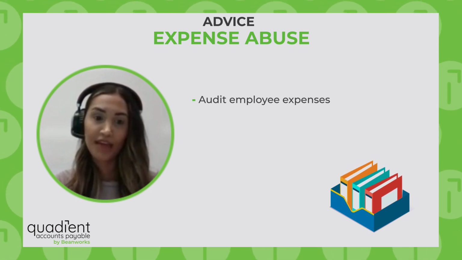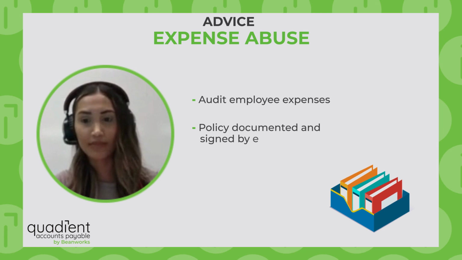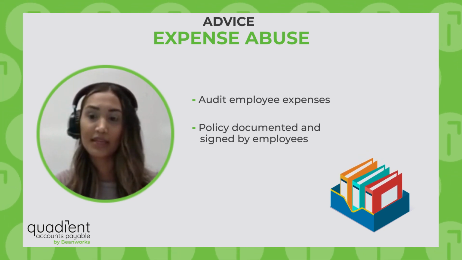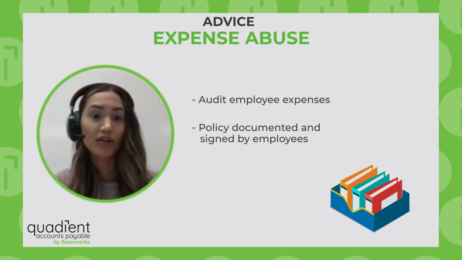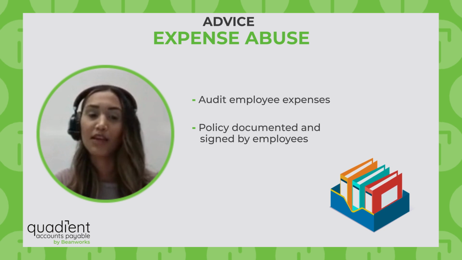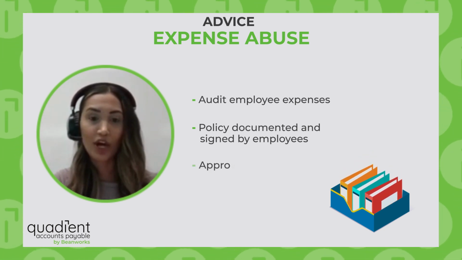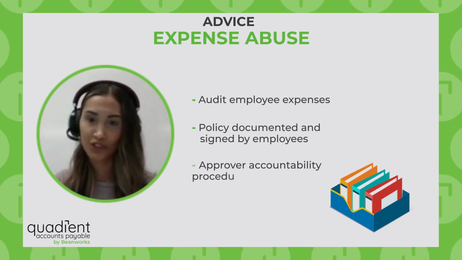Make sure that your expense policy is clear and that your employees have agreed to it. Employees are less likely to commit expense abuse when they can't plead ignorance, while clear, well-communicated policies are harder to exploit. And finally, we recommend that you adopt a thorough approval accountability procedure.